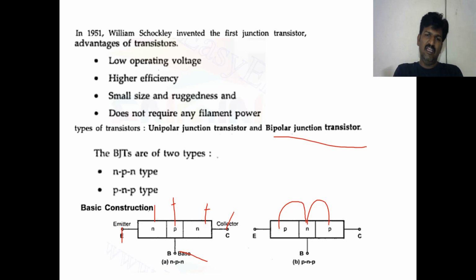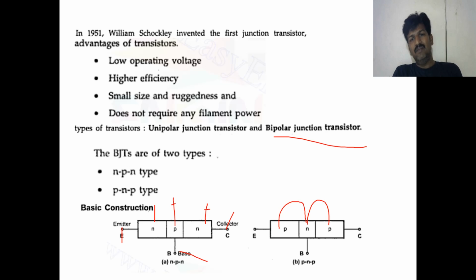Same thing in PNP also, we have the emitter, base and collector. You should understand, emitter and collector are connected to the same type of material, but base has the terminal with the different material. In the NPN transistor, emitter is connected with N-type material, collector is also connected with N-type material, but base is connected with P-type material.